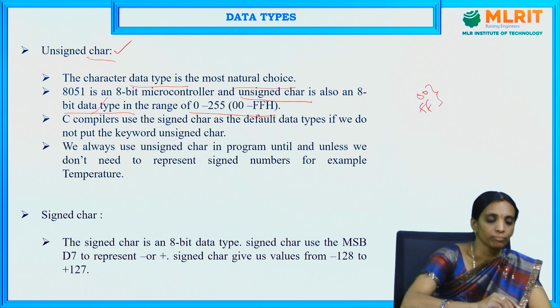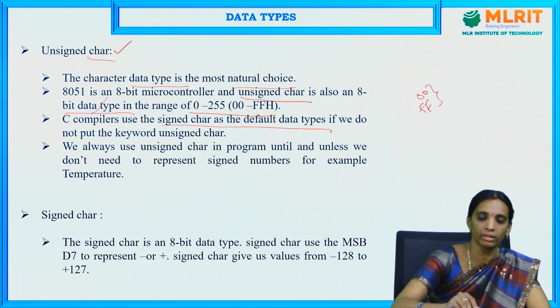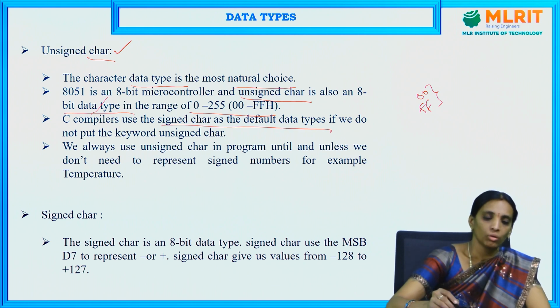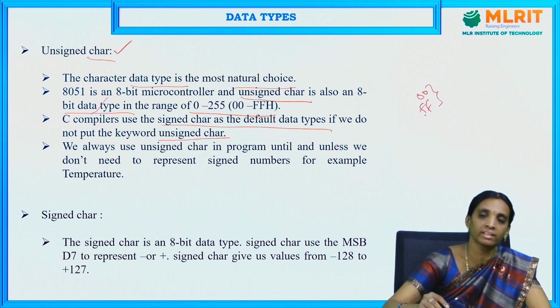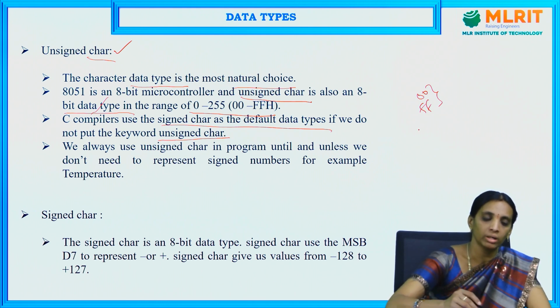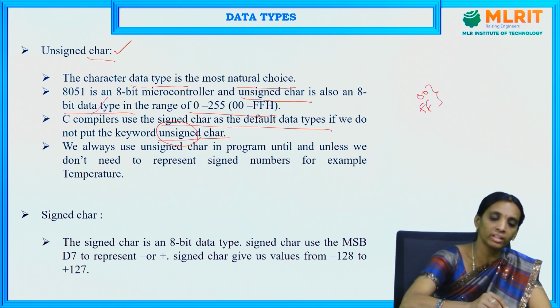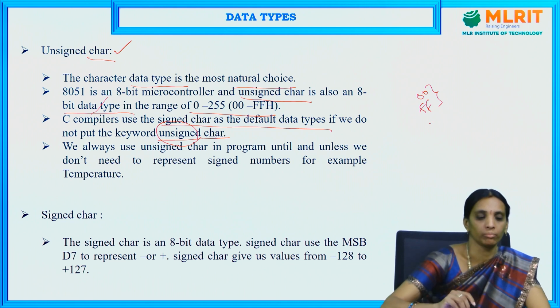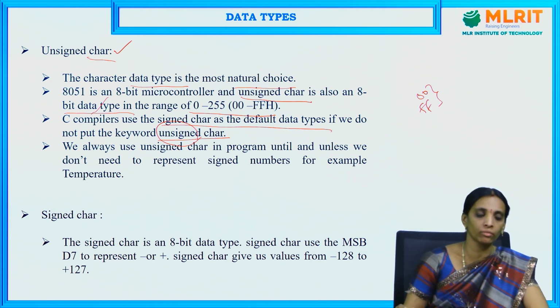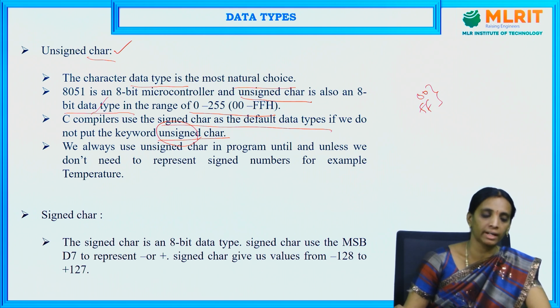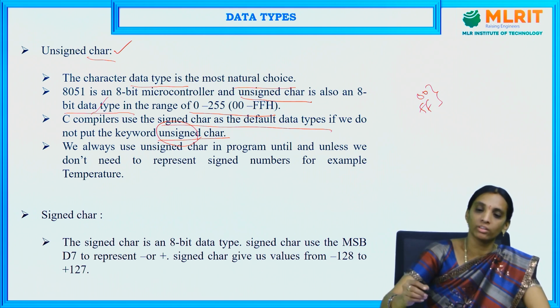Here the C compilers use signed char as the default data type, so for defining an unsigned char, we need to keep unsigned before the char in the program. We always use unsigned char in programs unless we need to represent signed numbers, for example for temperature.